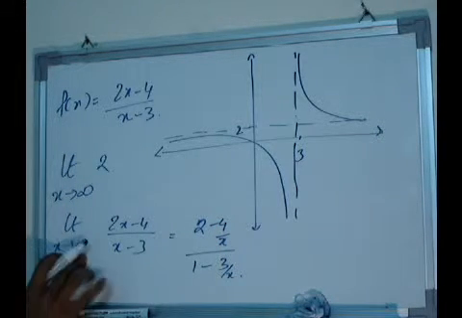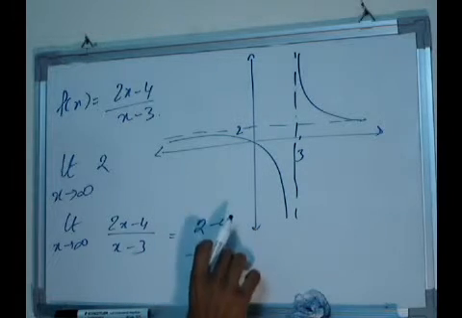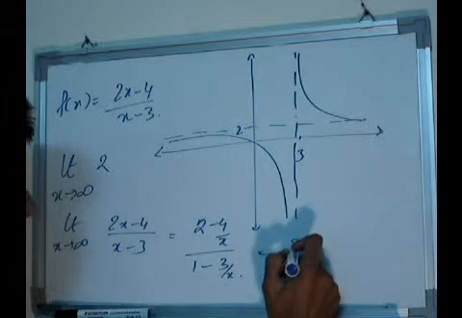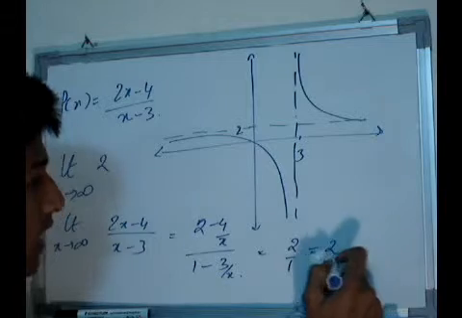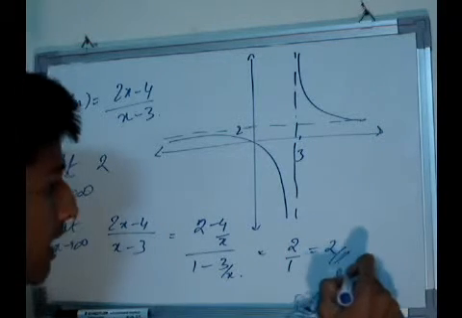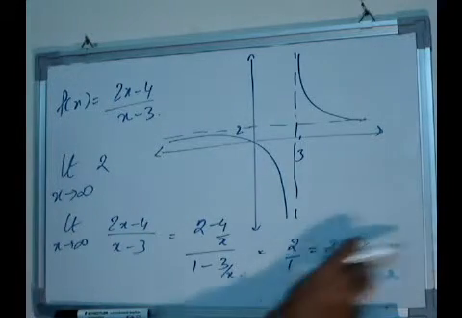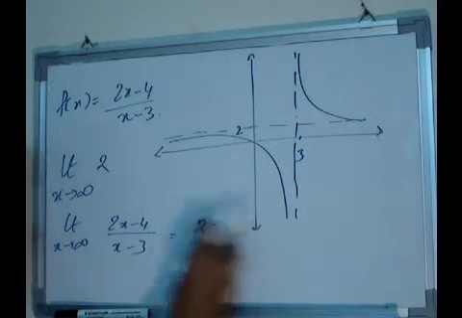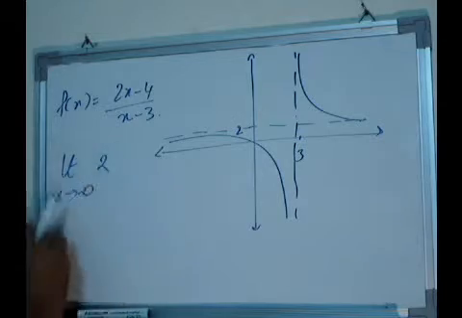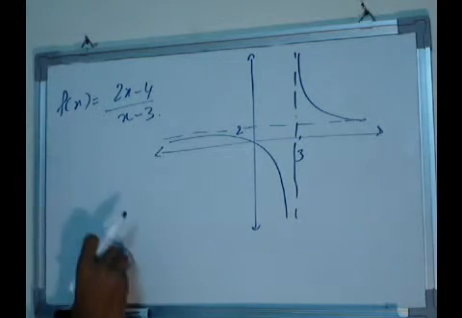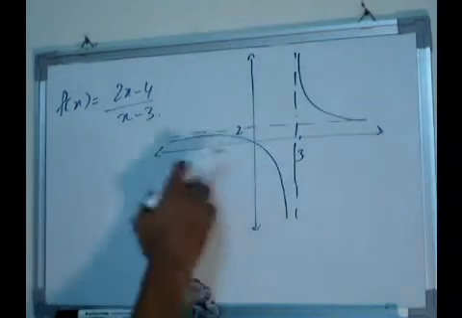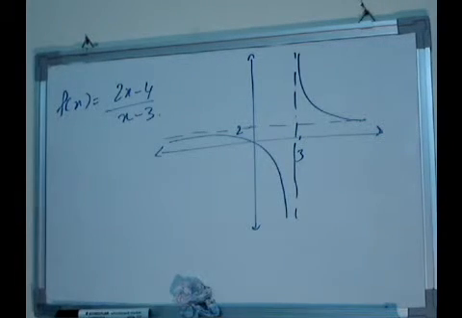Now if I substitute the limits, this and this will become 0, so I'll be getting 2, and hence f of x equal to 2 is a horizontal asymptote. This is the main concept behind infinite discontinuity, and hence this is an example for infinite discontinuity. Thank you.